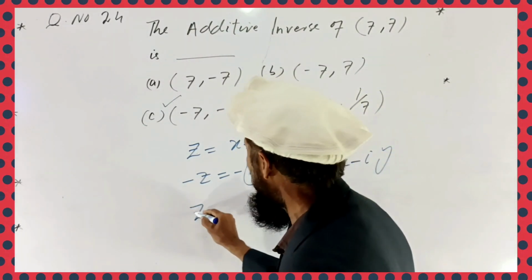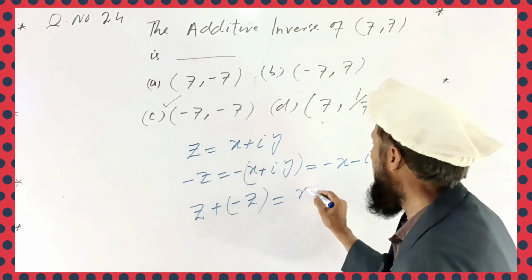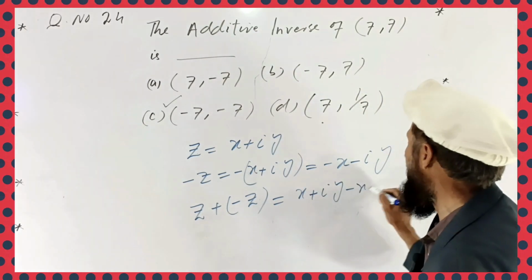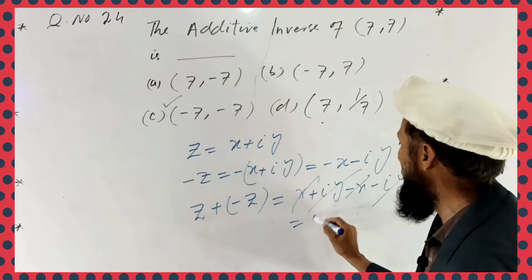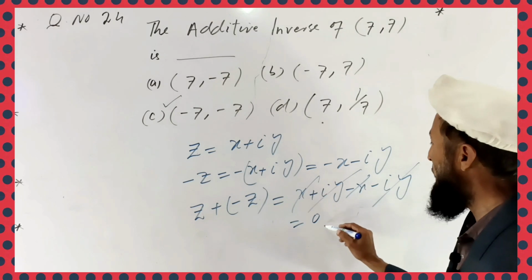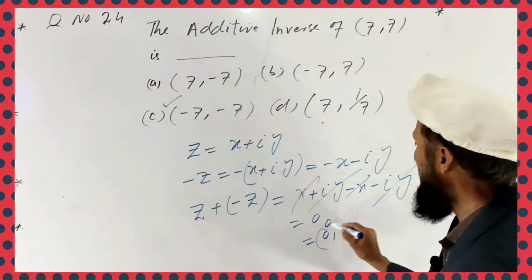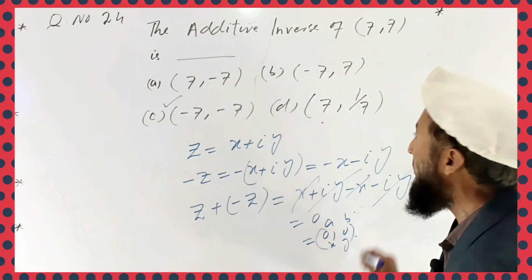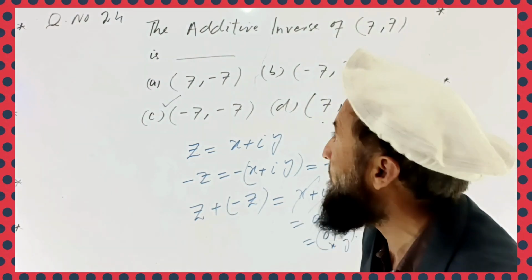If we add z and minus z, x plus iota y minus x minus iota y, the result is 0. So the result will be minus 7 minus 7 iota.